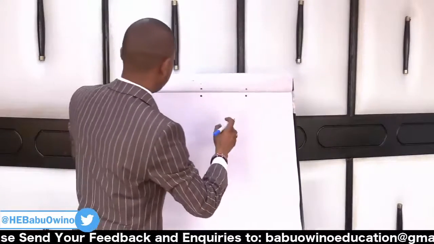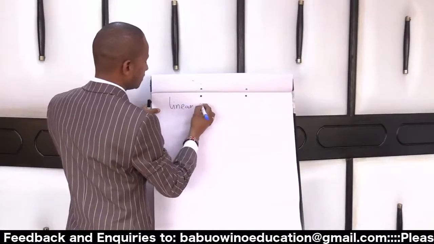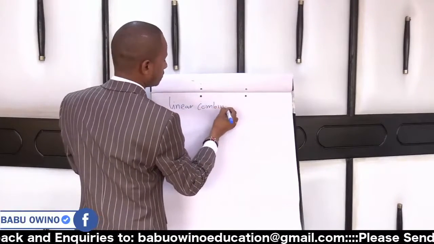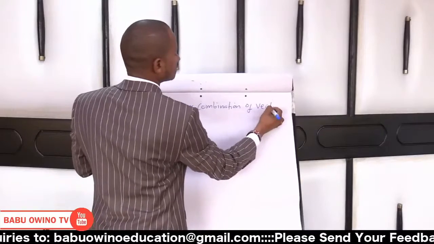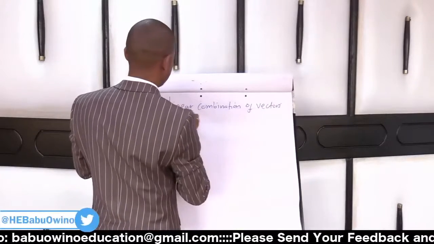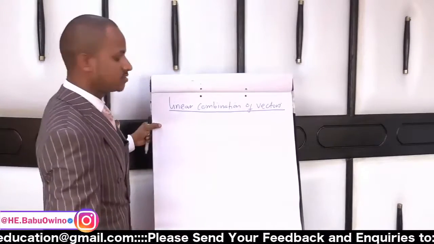We go to the linear combination of vectors. So from here, let's start paying serious attention, class.